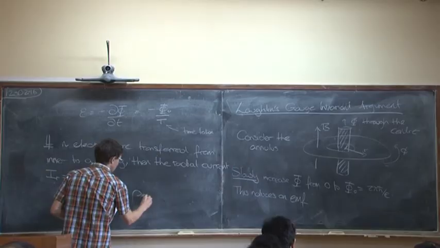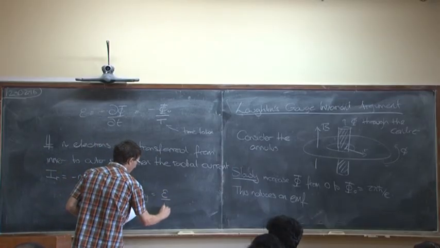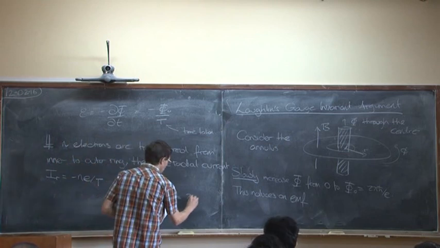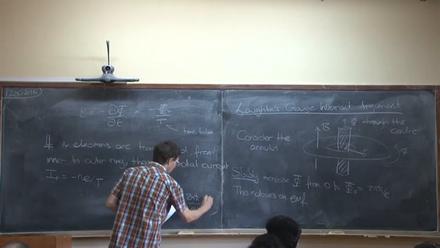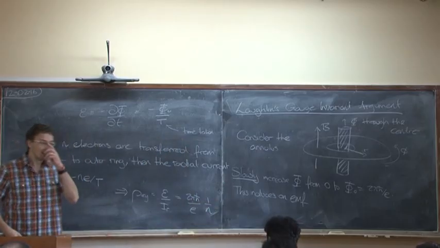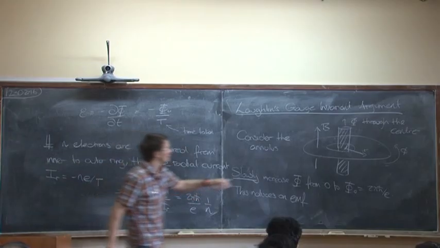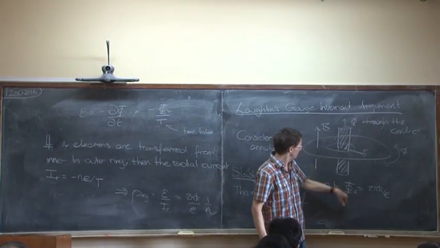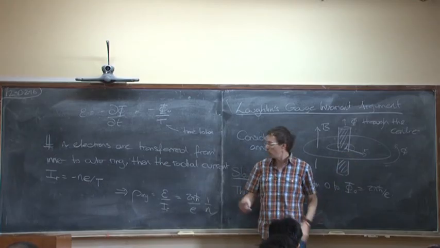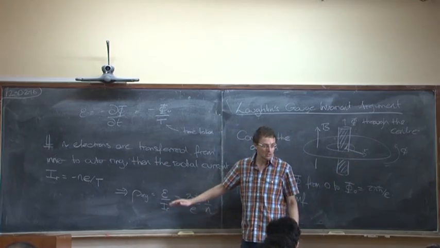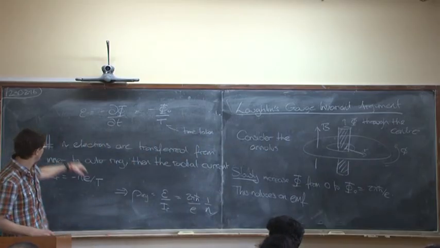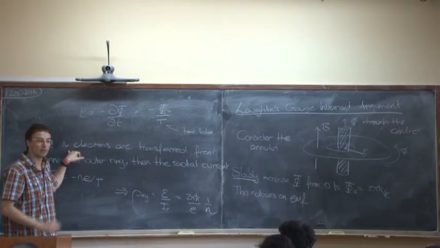Which means that the Hall resistivity, which is the EMF that's induced divided by current, is 2 pi h bar over e, times 1 over n. So if we can argue that as you increase phi from this to this, exactly n electrons make their way from here to here, then we've got what we wanted, quantized Hall conductivity. So our goal now is to argue that this actually happens, that precisely n electrons make their way across.